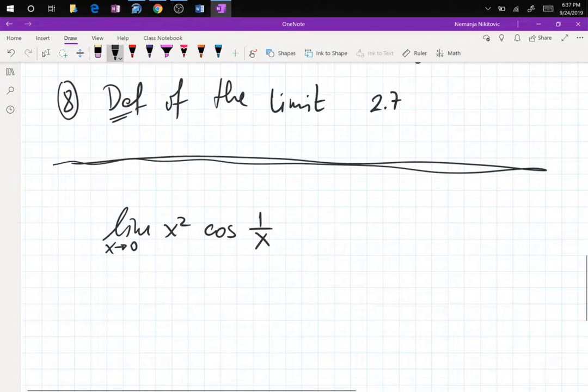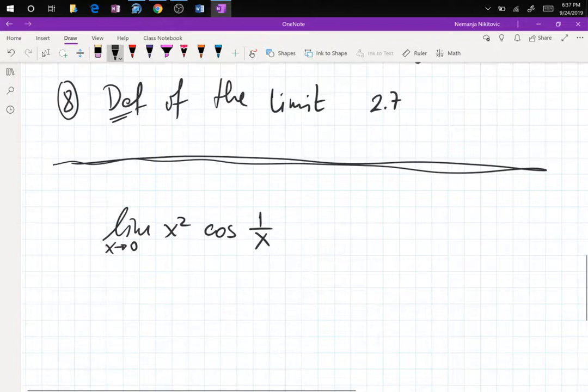Now, in this situation, if you send x to 0, you get cosine of 1 over x to be cosine of 1 over 0. And 1 over 0 goes to infinity. So when it goes to infinity, it oscillates very fast, and we cannot really judge whether the limit is finite or not.